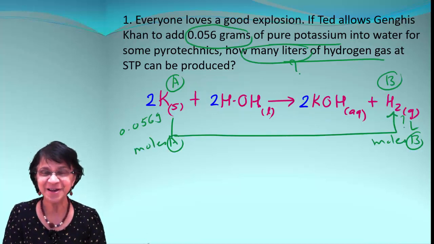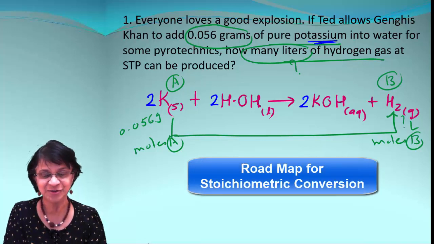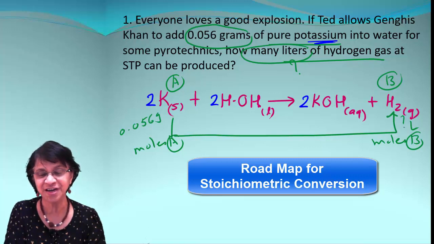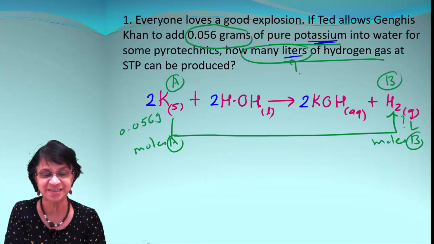This is our next step. So we are beginning our journey from potassium. My arrow starts from potassium and then we need to end at hydrogen. And what do we need to find out? How many liters. So I wrote that and then I put the given, which is 0.056 grams, right over here.